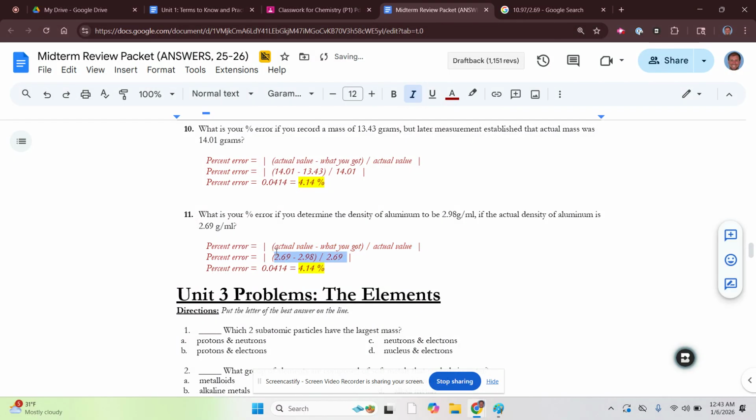So I plug this into the calculator and I get negative 0.108, which would be negative 10.8%. But remember, it cannot be negative. It must always be positive. So the answer is 10.8% error. There we go.